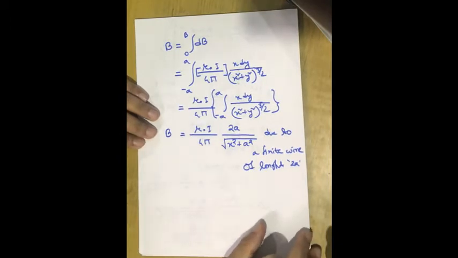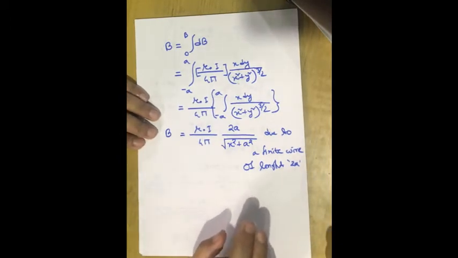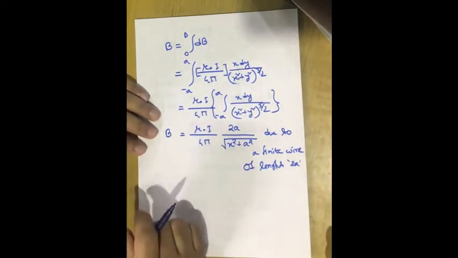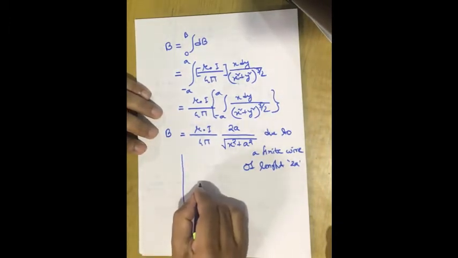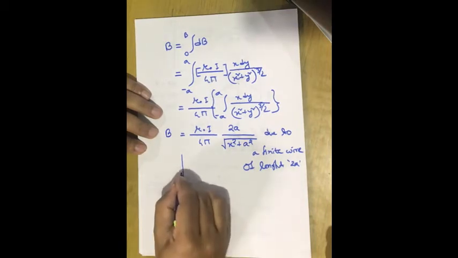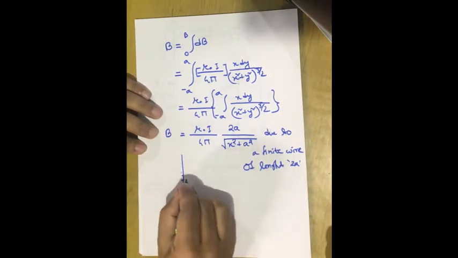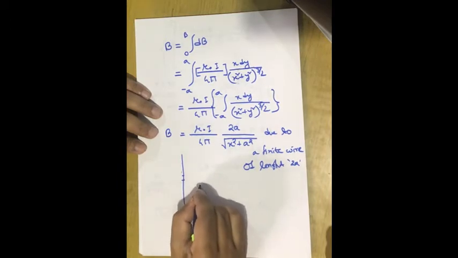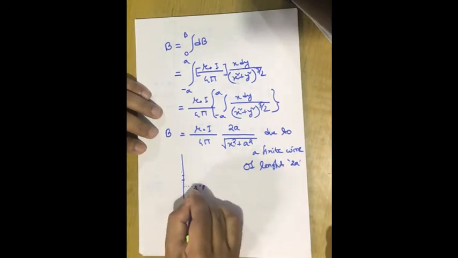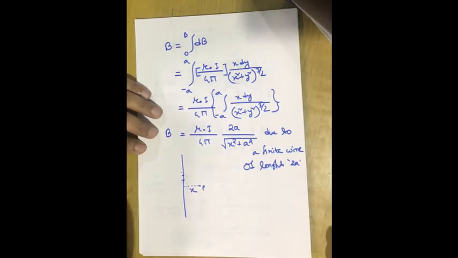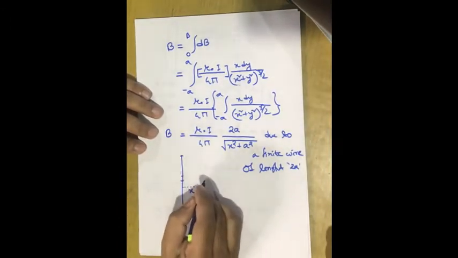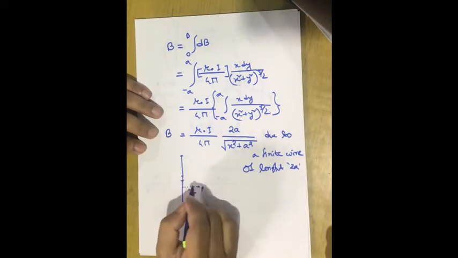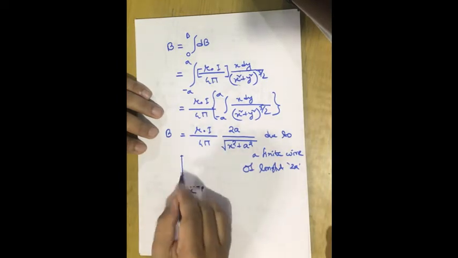Now most of the time you are asked to determine the value for an infinite length of wire. What is an infinite length of wire? Suppose the wire is along this direction and the point P is here, and this distance we have taken as x. If point P is very close to the wire, then an observer at point P basically cannot see the two ends of the wire.